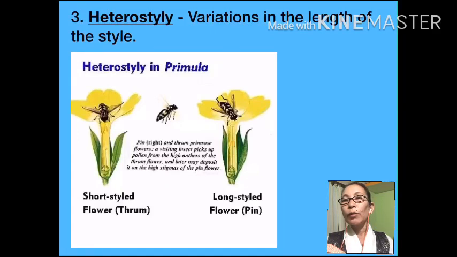Thrum flowers have a shorter style and long filaments, whereas the pin flowers have a longer style and shorter filaments. So, generally, pollen from the thrum flower is transferred to the stigma of the pin flowers, promoting cross-pollination between them.